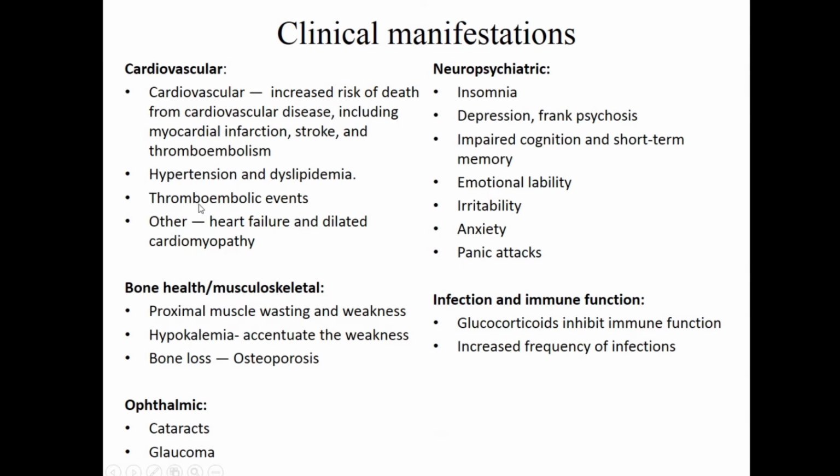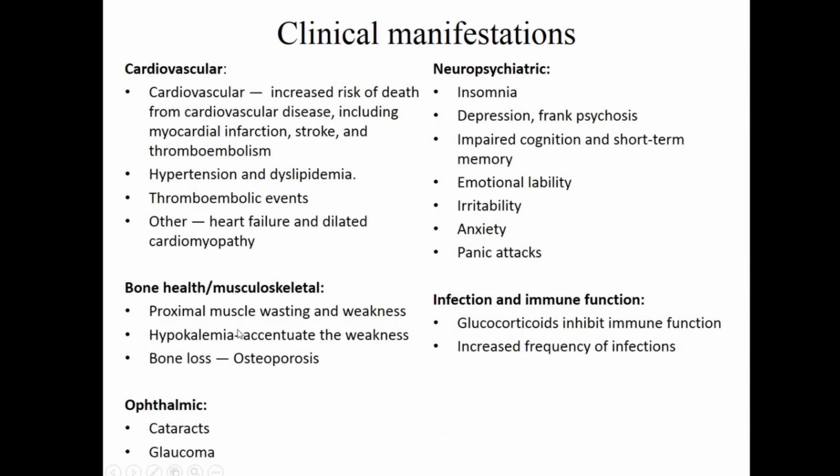Then thromboembolic phenomena: the patient can come because of blood clots and because of changes in the clotting factors. Then there will be increased chances of venous thrombotic events. Okay, venous thrombus formation. Ultimately, thromboembolic phenomena can happen. The other conditions that you can have in cardiovascular are rare. It can be heart failure or dilated cardiomyopathy.